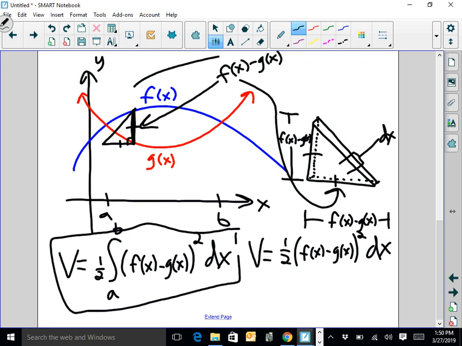This distance is always f of x minus g of x. So that gives you at least one aspect of the shape, and then you just have to use your mind to figure out the remaining volume of that slice. Okay, that's a little difficult, I understand, but we'll get some time to practice tomorrow.